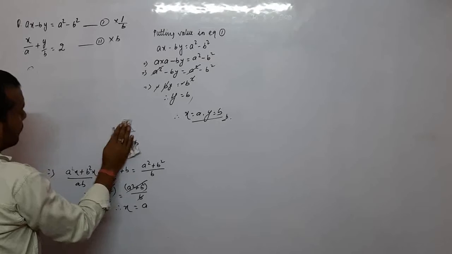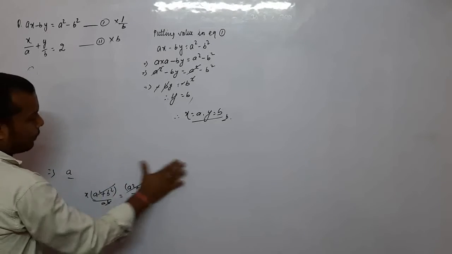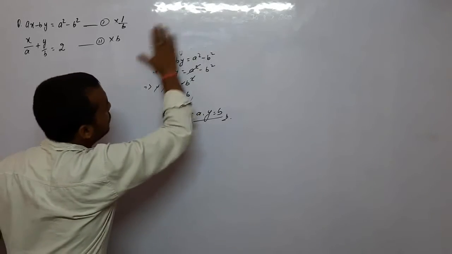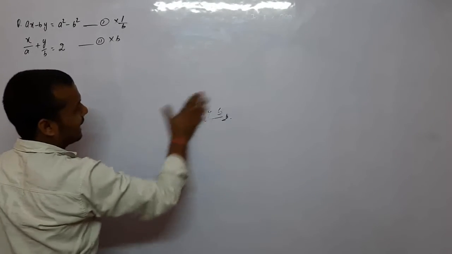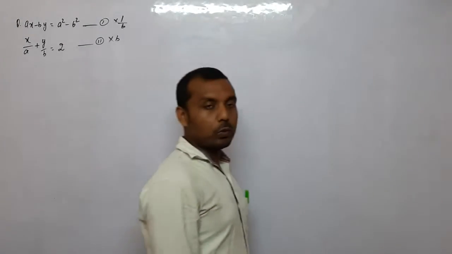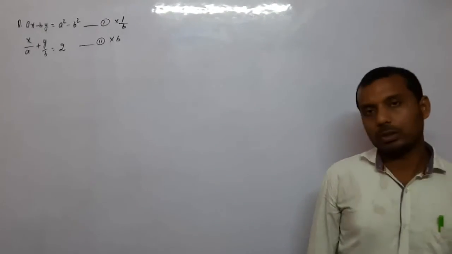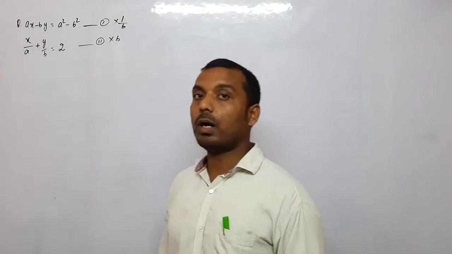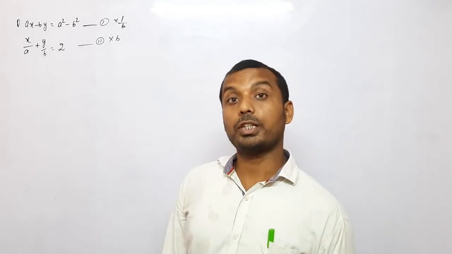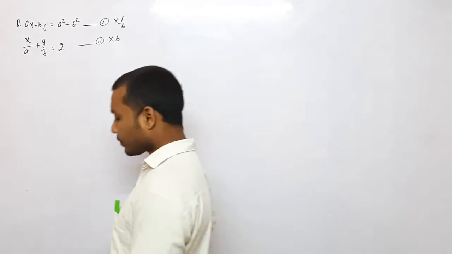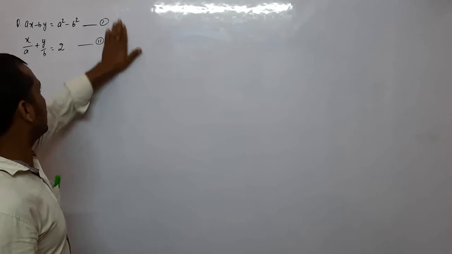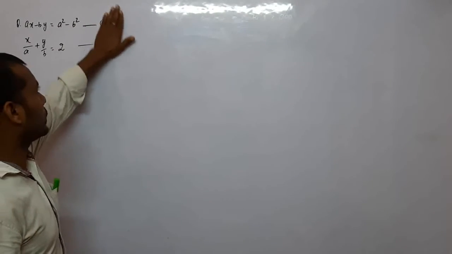We have now discussed two types of methods: the first was graphical, the second was elimination, and now we are going to talk about the substitution method. Let us take the same question for the substitution.